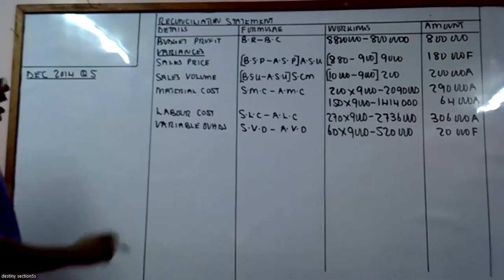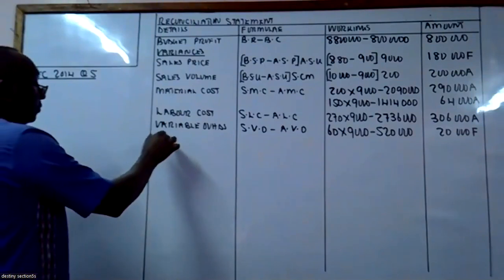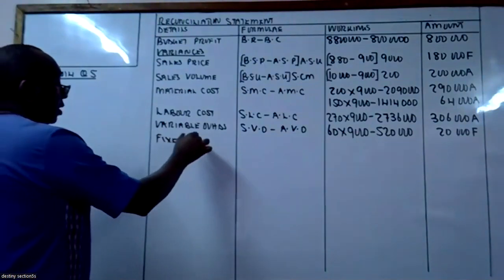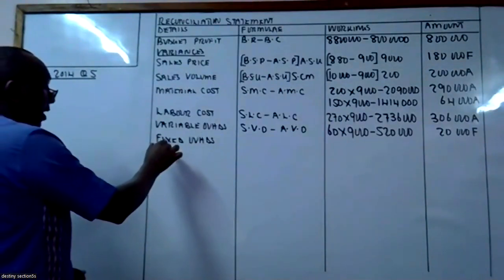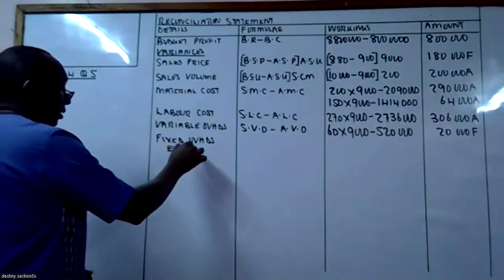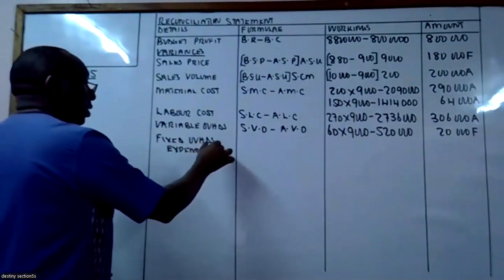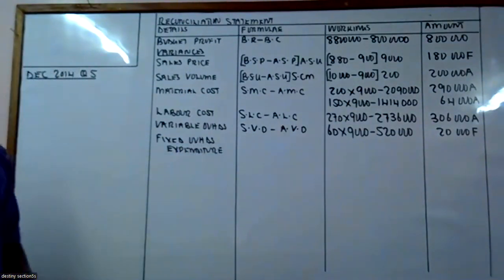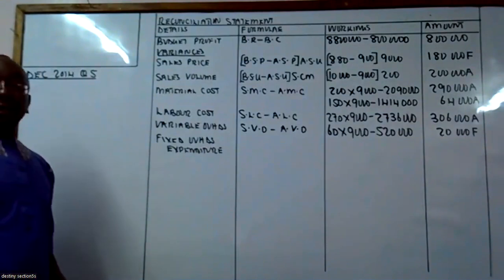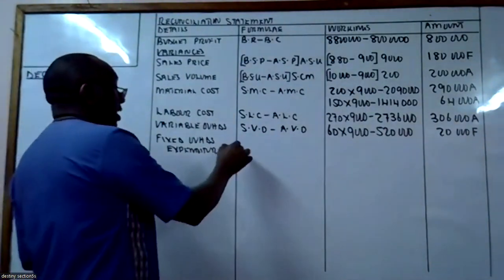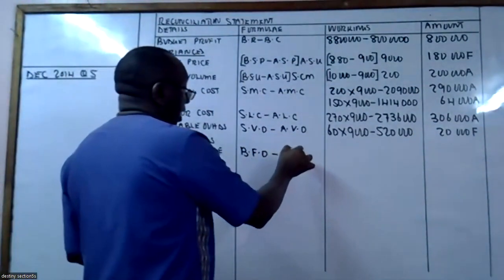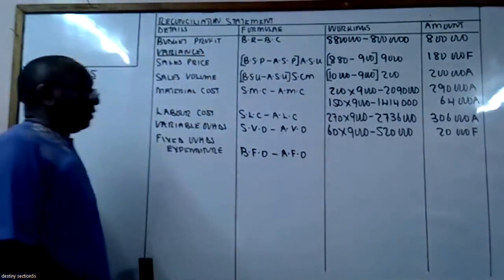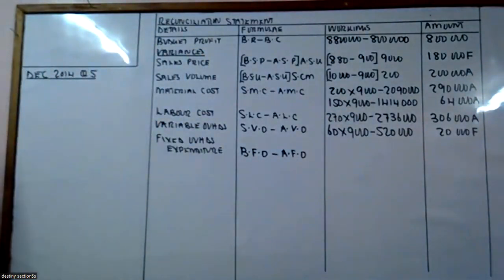Now we come to fixed overheads. For fixed overheads, we only look at the expenditure, which we said is budget fixed overheads minus actual fixed overheads.